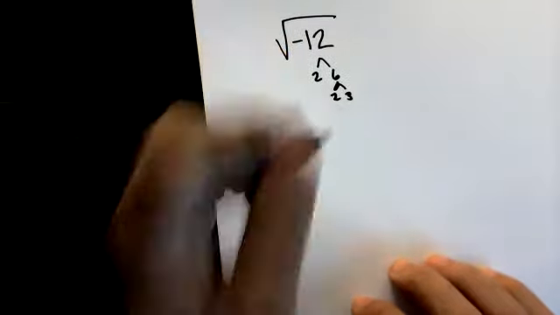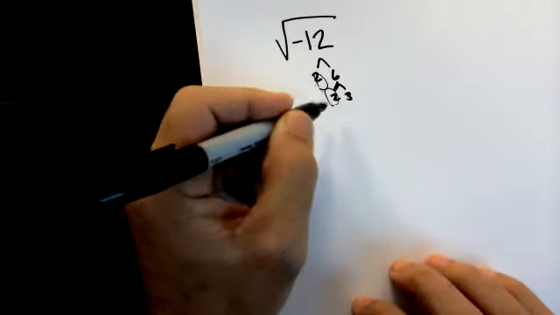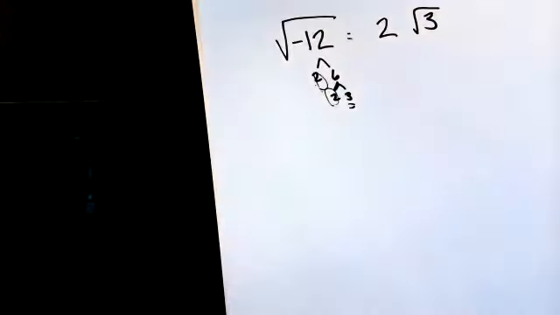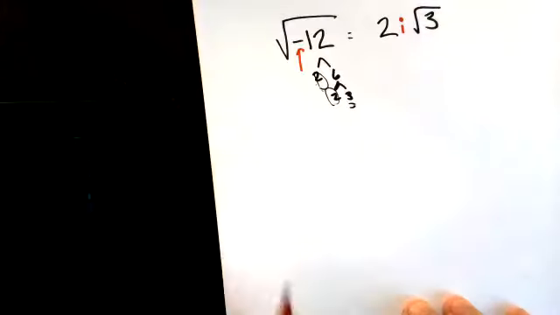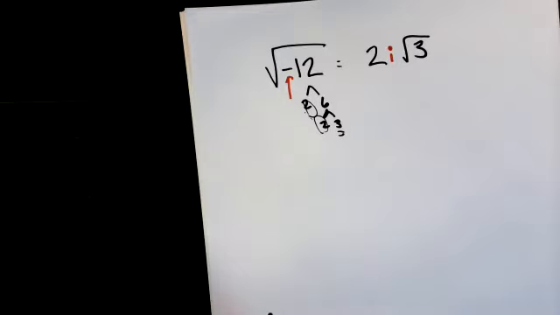With a square root, I'm still looking for pairs. If I have a pair of 2's, that comes outside. And that little leftover 3 stays inside. The only difference is, again, this negative inside of your radical makes your number complex. So now we would have 2i square roots of 3.